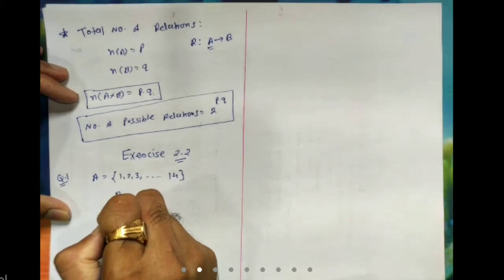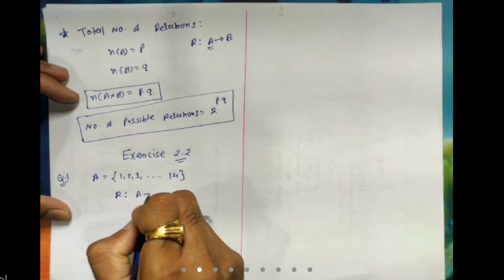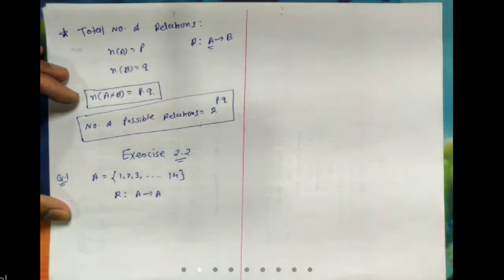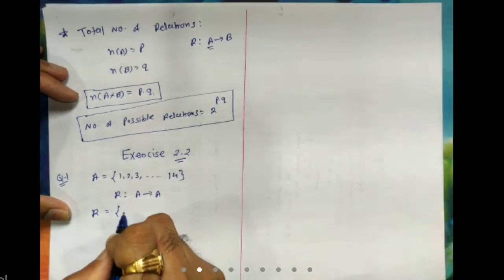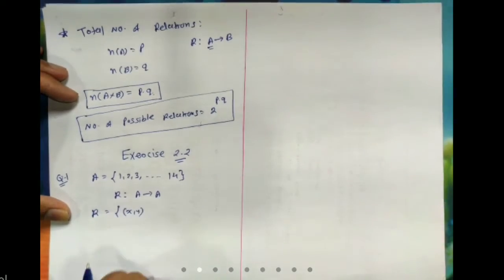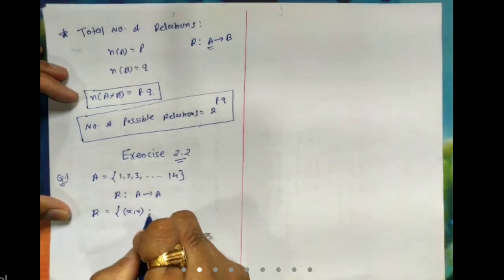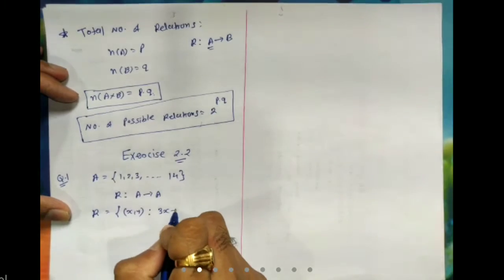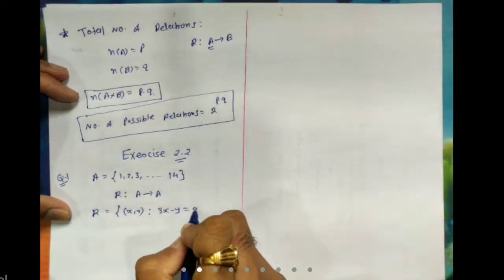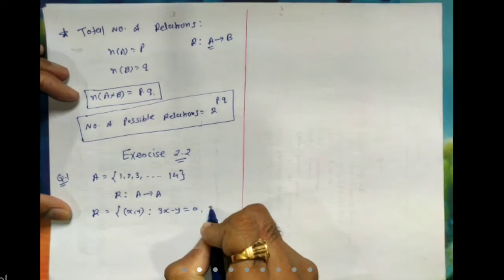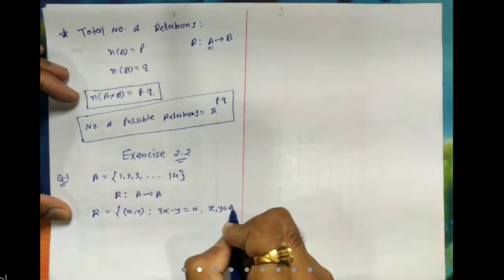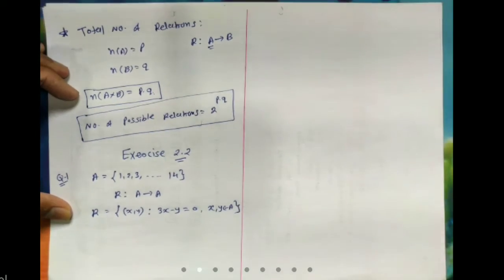Defining relation R from set A to set A, that is, a relation of set A with set A. The description of relation R is: all possible ordered pairs (x, y) such that 3x minus y equals 0, where x and y must belong to set A. This is our description.